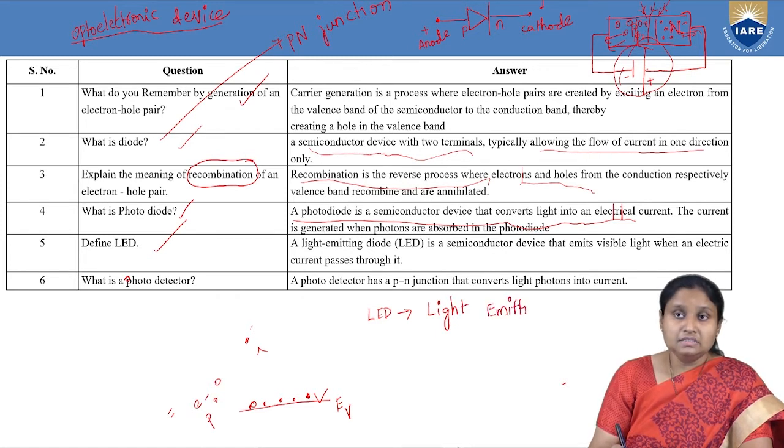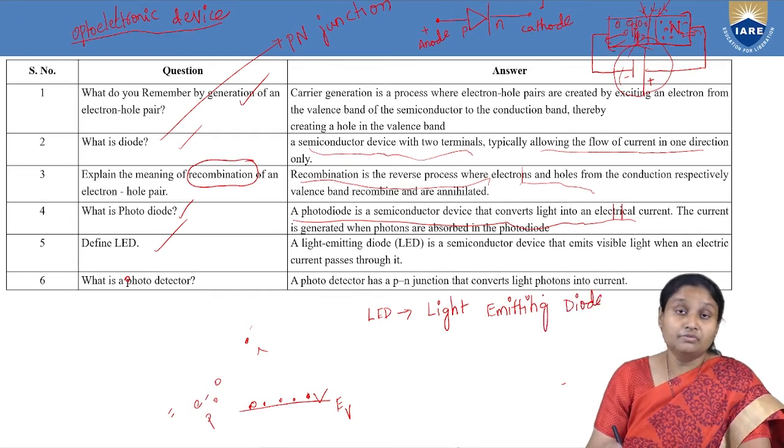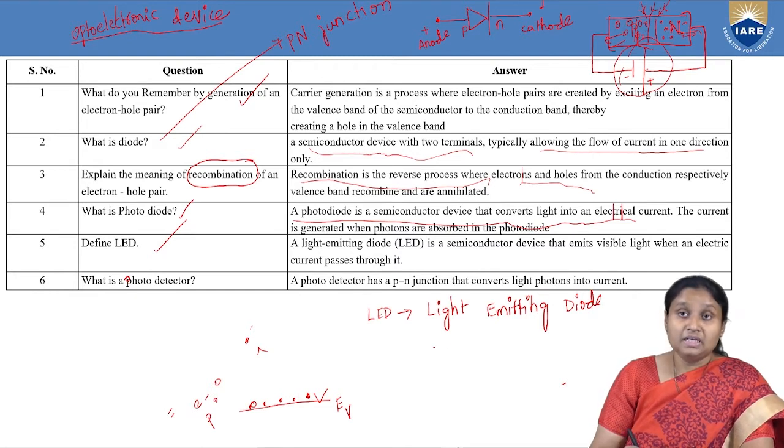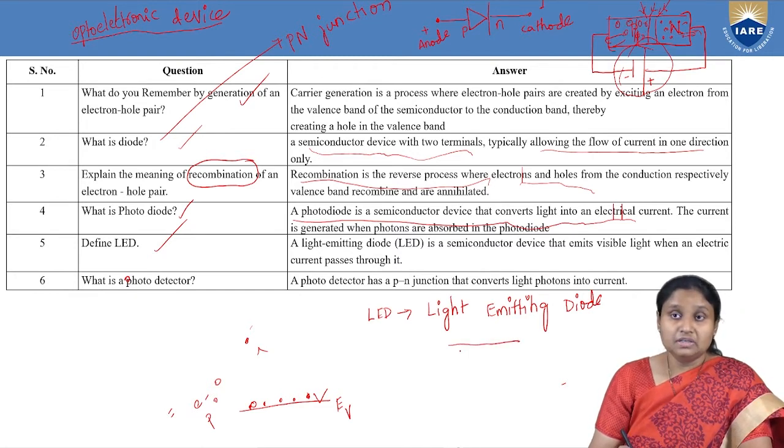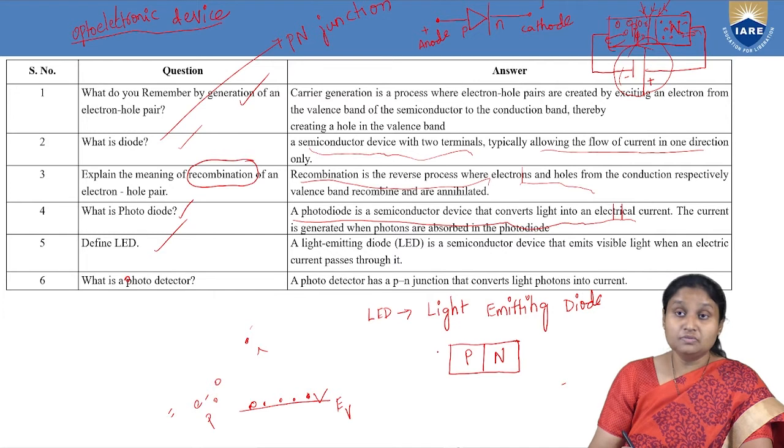And this LED is completely opposite to a photodiode. We know that our photodiode is reverse biased. But coming to LED, of course, here we'll take our diode, which is nothing but our PN junction. This PN junction, we are forward biasing it.